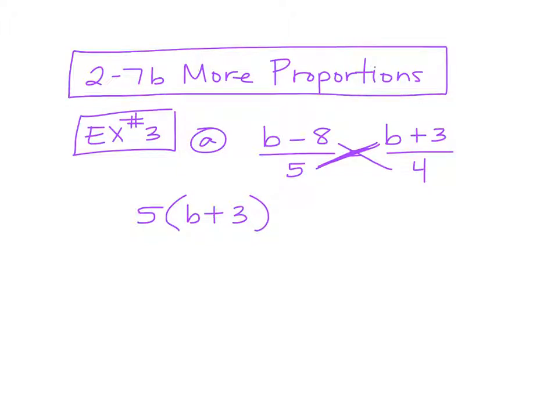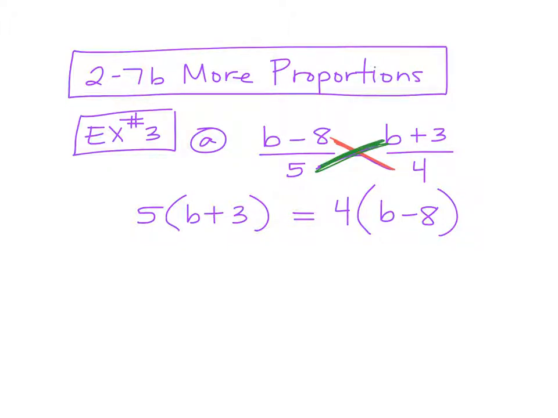Okay, so it's 5 times b plus 3 is your one cross. Then you put your equal sign, and now we're going to cross it the other way. What's that going to look like? 4 parentheses b minus 8. Okay, so it's these two that are being multiplied, and it's these two that are being multiplied.